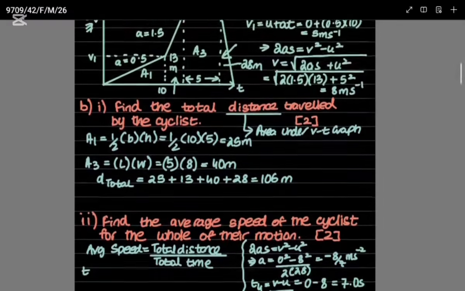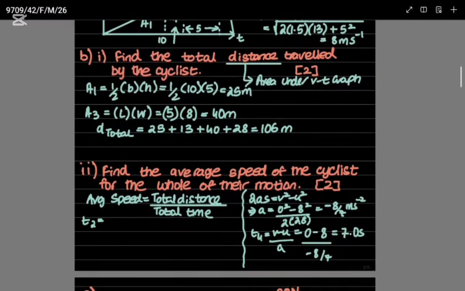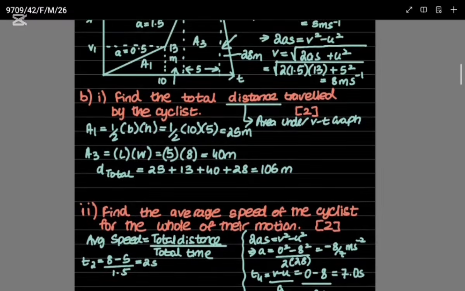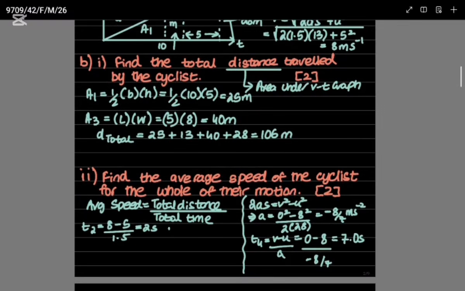What is that? T2, I guess. T2 is final velocity 8, initial velocity 5, over 1.5, so 8 minus 5 is 3 over 1.5, which is just 2 seconds.